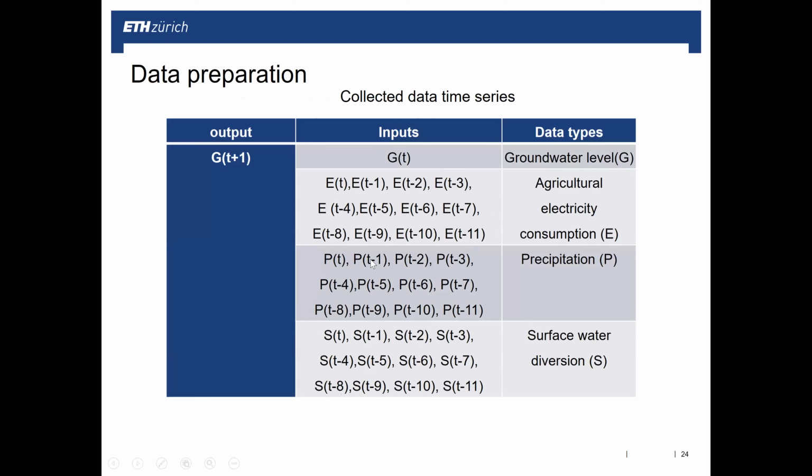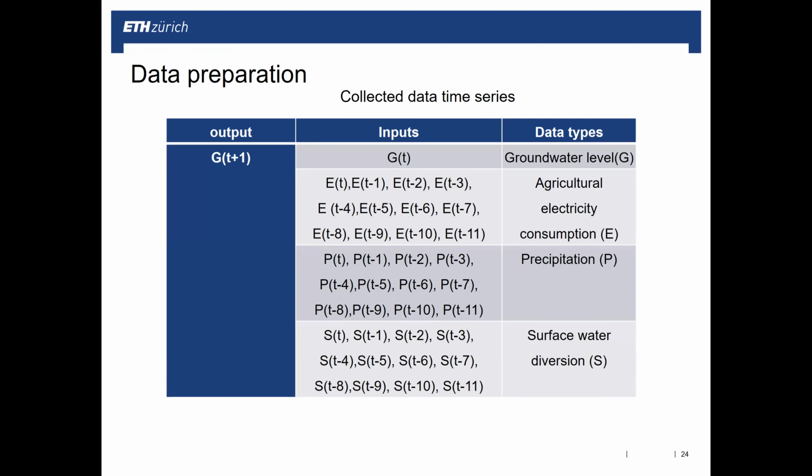This is the same for the precipitation and the surface water diversion. Here we choose 12 time-lagged months because we consider their periodic changes. Every year the dynamics will change a bit, so that's the reason we also consider the delayed time series.